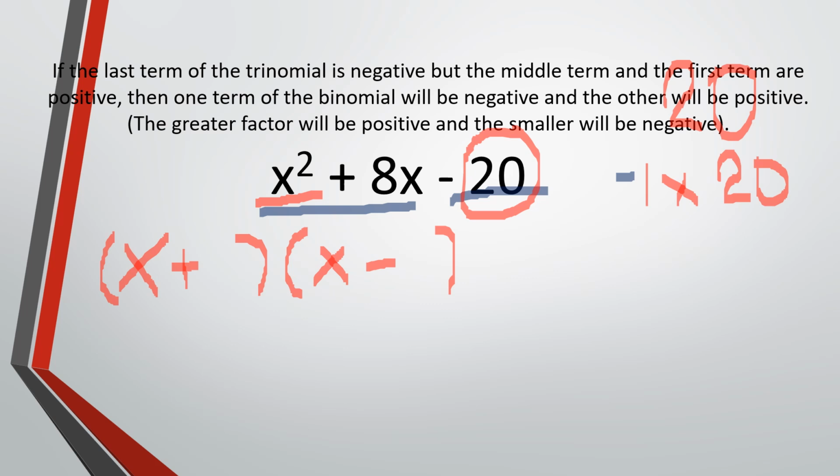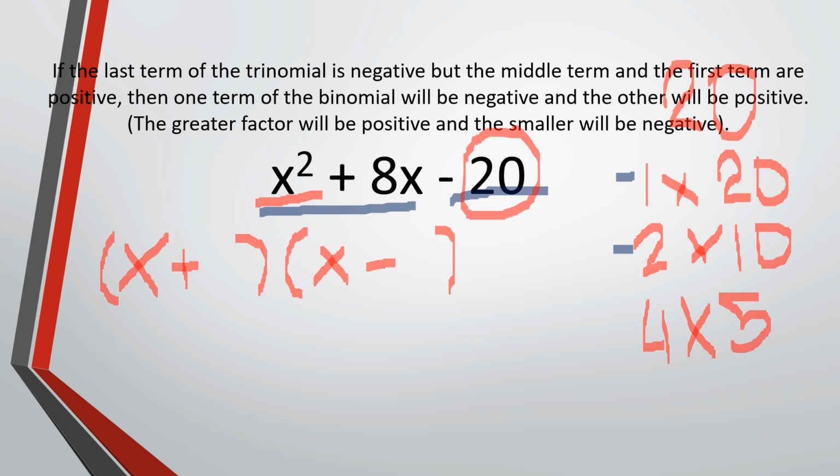Next, we have 2 times 10 is 20. And again, the smaller factor is negative, therefore it should be negative 2. Another one, we have 4 and 5.